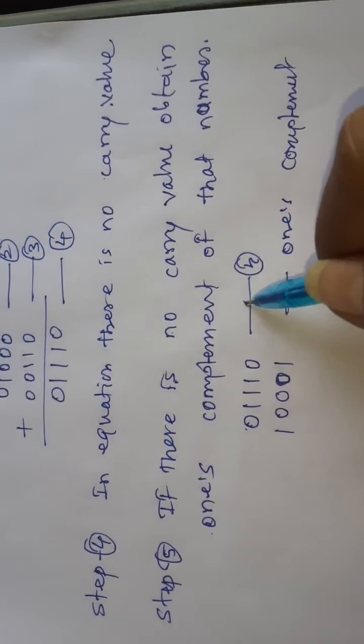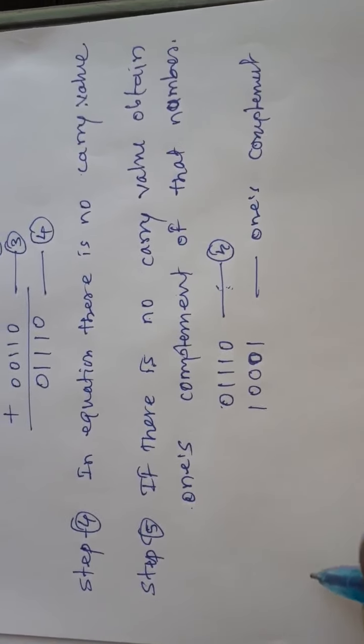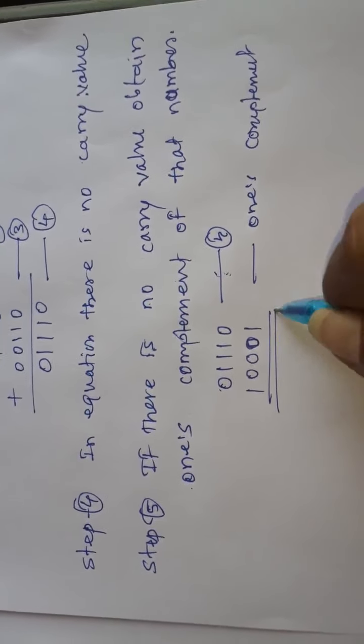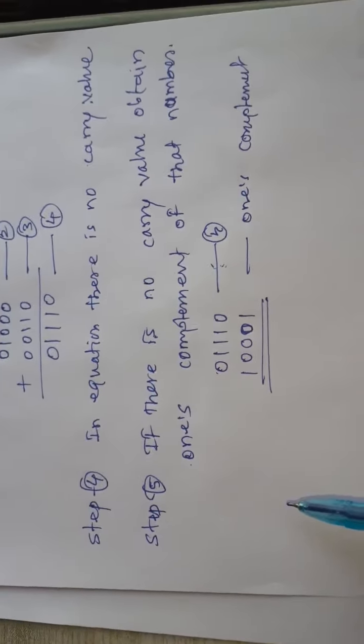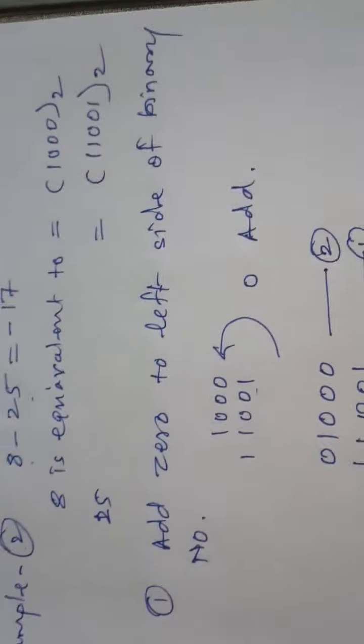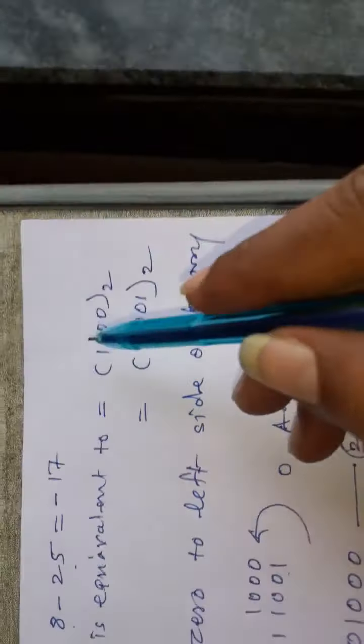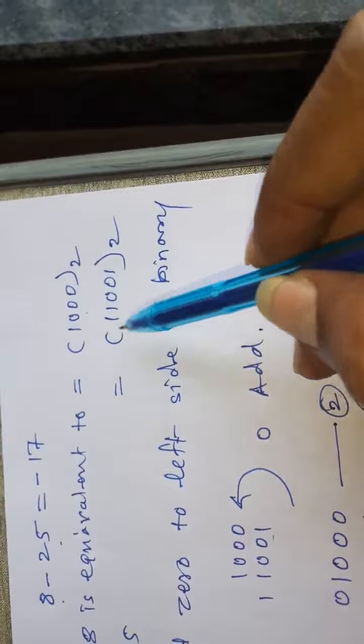This is the one's complement of this equation, and this is the result. This is the result of the subtraction of this number and this number.